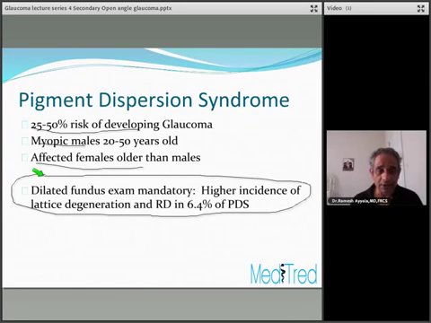Now, the higher incidence of lattice degeneration is in comparison to age and refractive matched population. So it is mandatory that you examine these patients following dilated fundus exam.